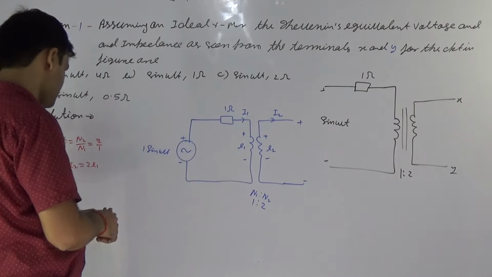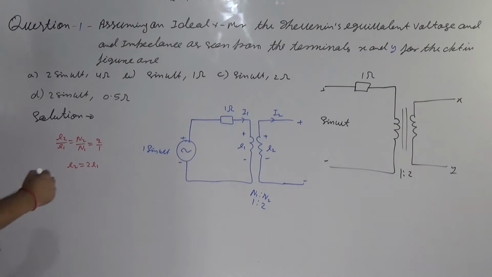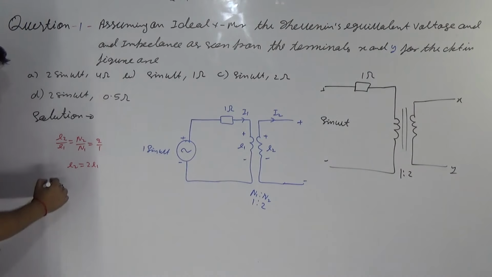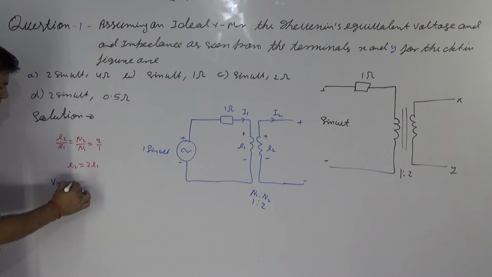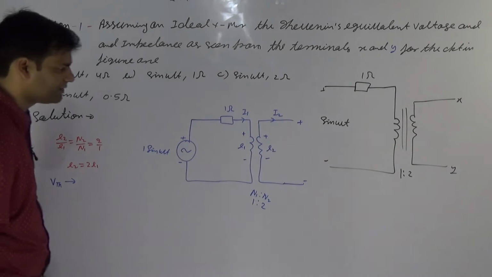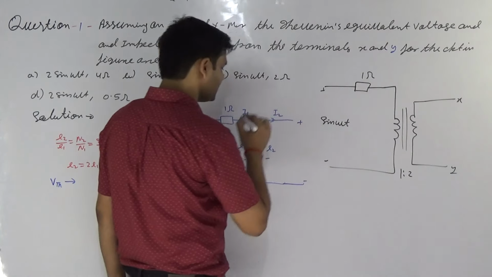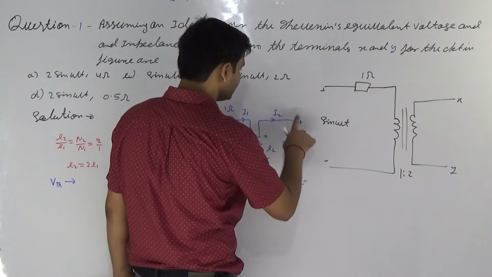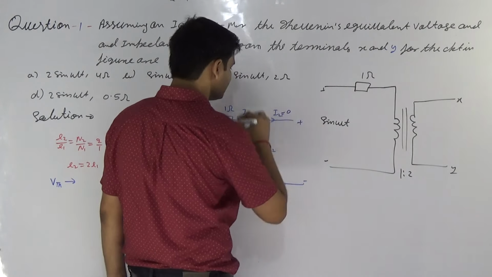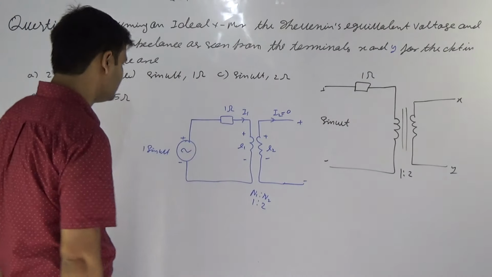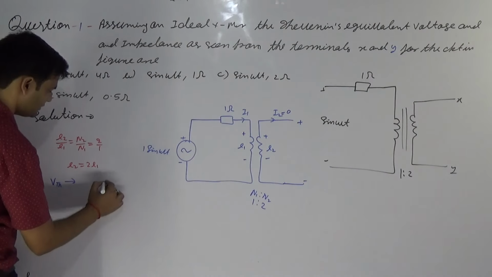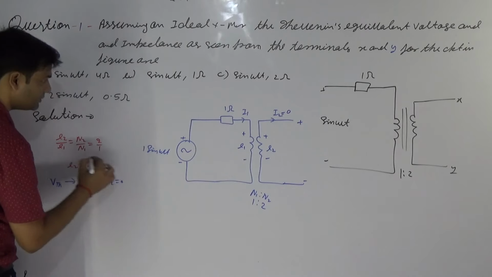Now, first case, Thevenin equivalent, VTH. What is the process for VTH? If you want VTH, this is open circuit. If this is open circuit, it means I2 will equal 0.